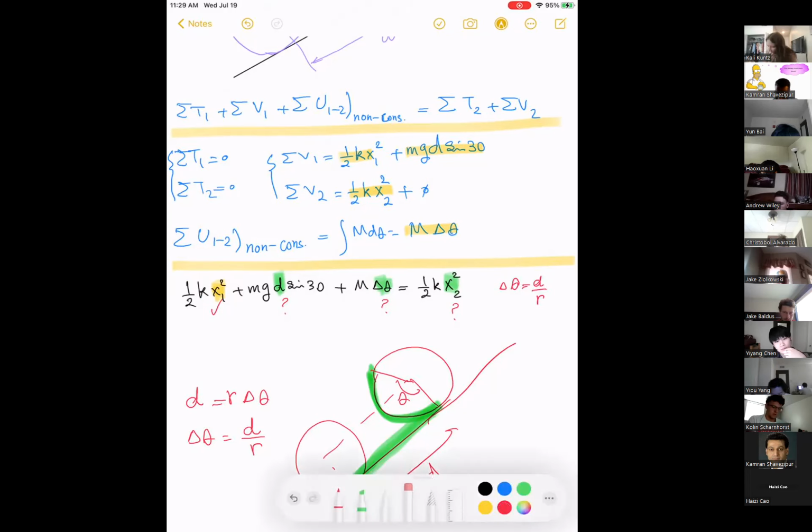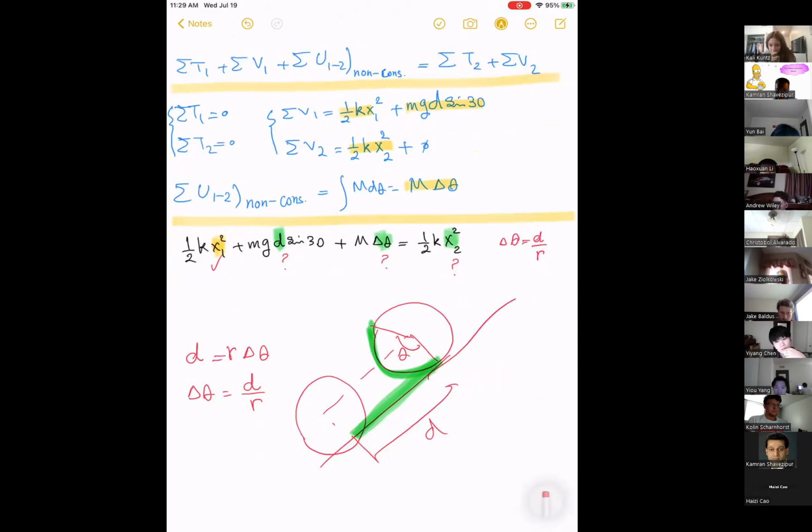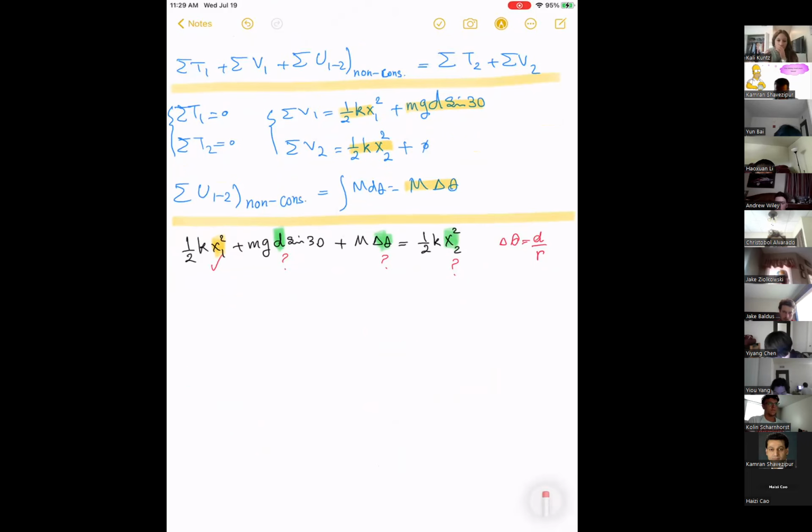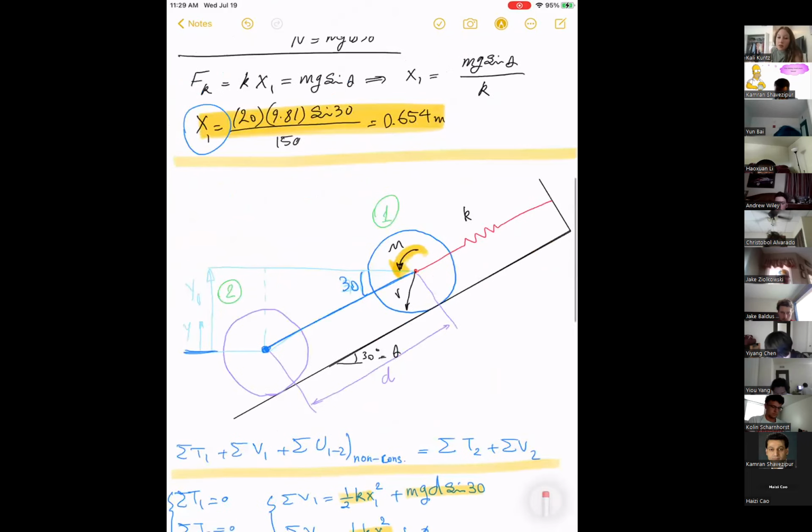How about x2? I'm going to erase this. If you need to look at it, you can watch the video later because I want to keep this part clean and continue. How about x2? Look at here. Let's say this is the neutral length of a spring, like x equals 0. You had your x1 here, and this is going to be your x2, right?